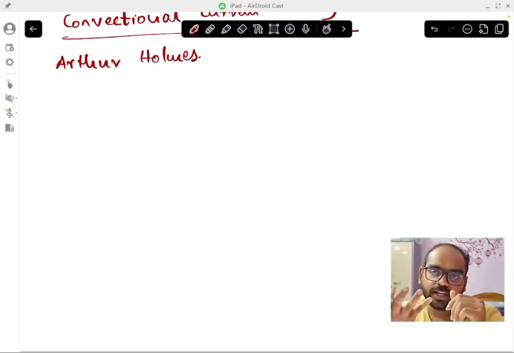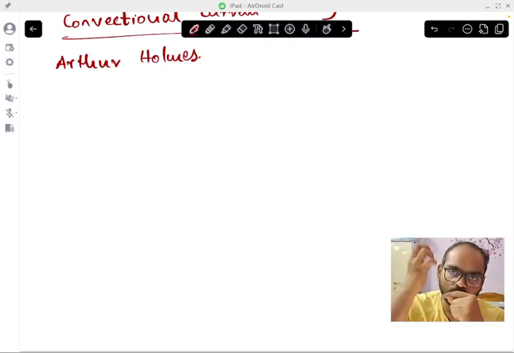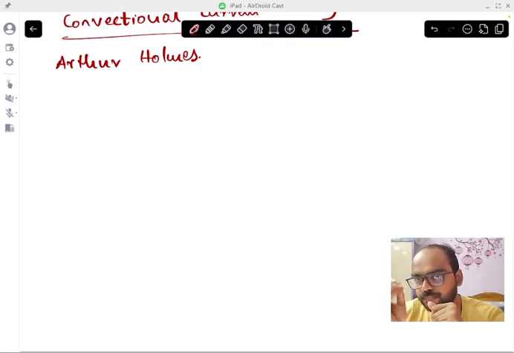Whenever you heat a material, it develops a tendency to stabilize. Due to this tendency, it starts moving upwards to cool down. If it cools down, it will stabilize. So this is called convection.